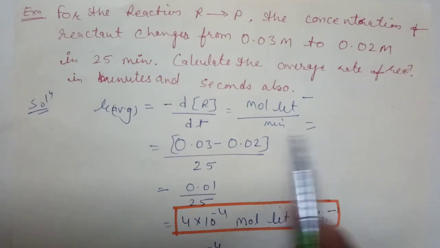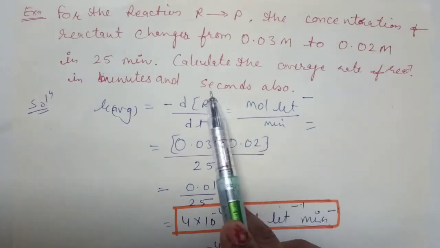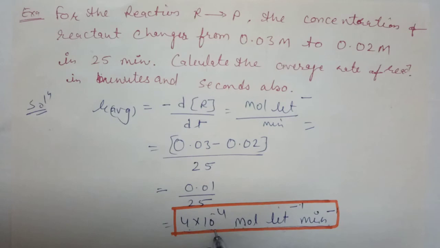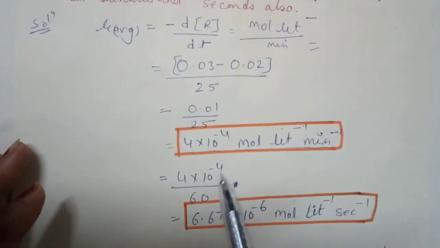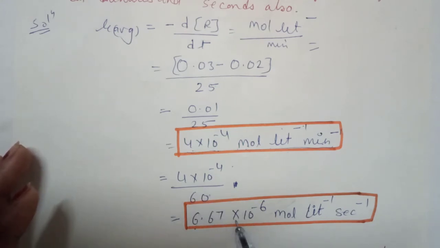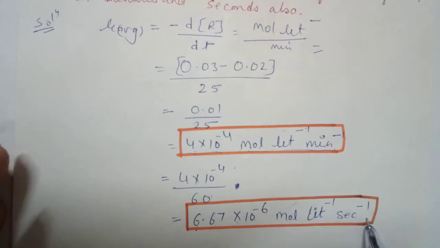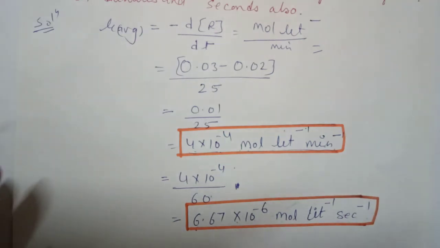We also have to calculate the answer in seconds, so we divide by 60, that is 4 into 10 to the power minus 4 divided by 60. Then the answer will be 6.67 into 10 to the power minus 6 moles per liter per second. Okay, clear? Thus we can calculate the average rate of reaction.